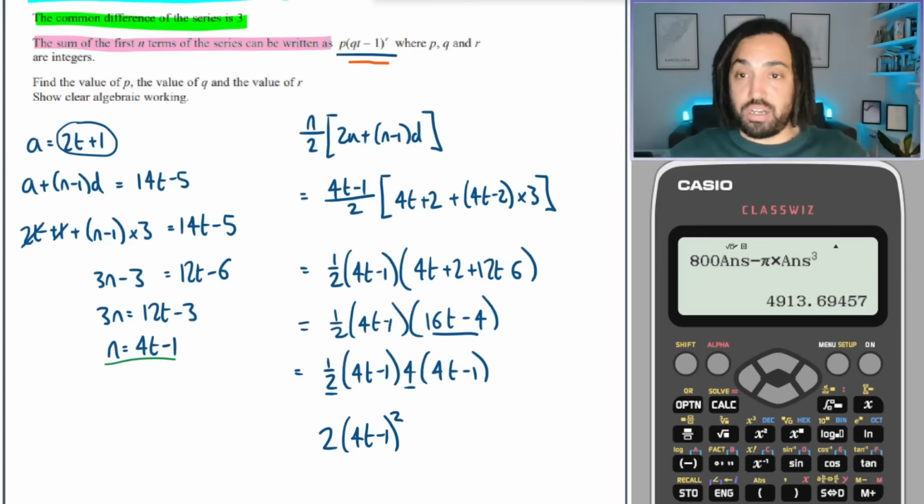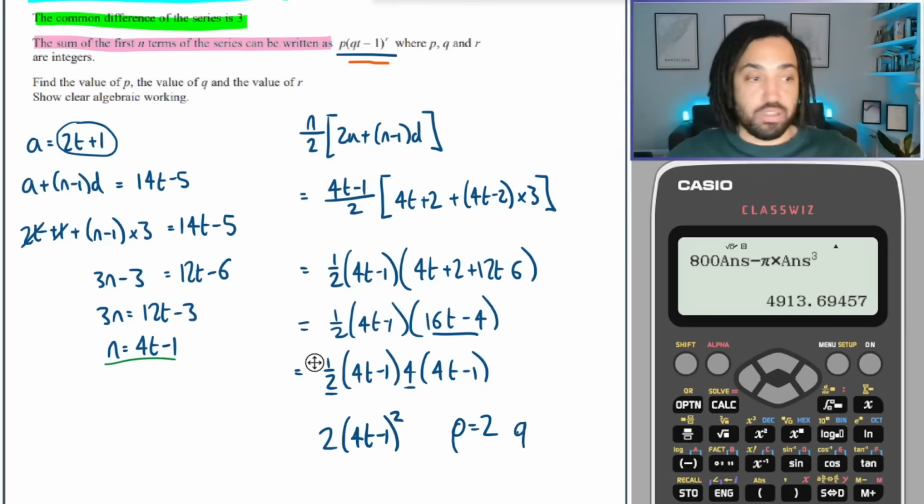That is the form they are after. So therefore we can say that P is the 2 outside the bracket. Q is the 4 next to the t inside the bracket. And R is the 2, which is the power. Fantastic question. Love that.